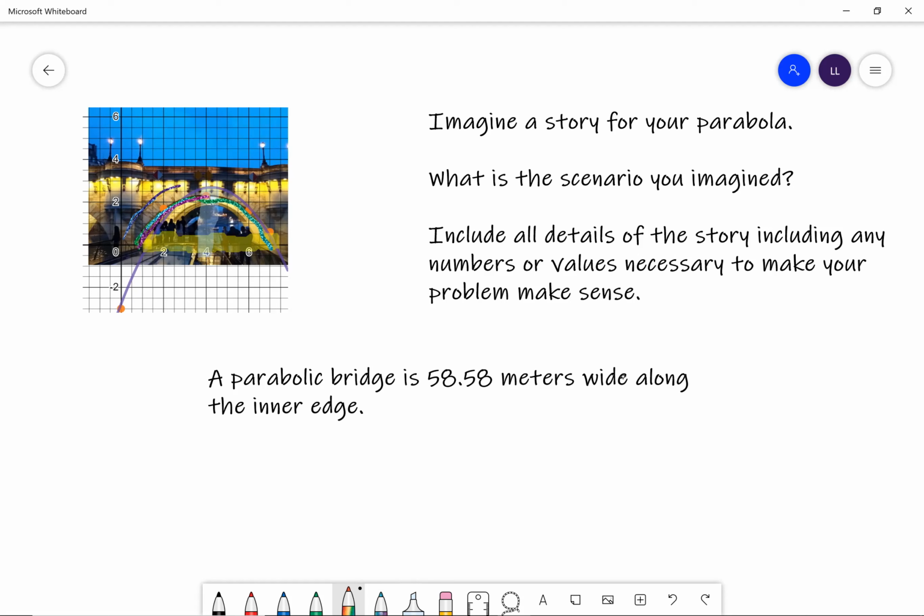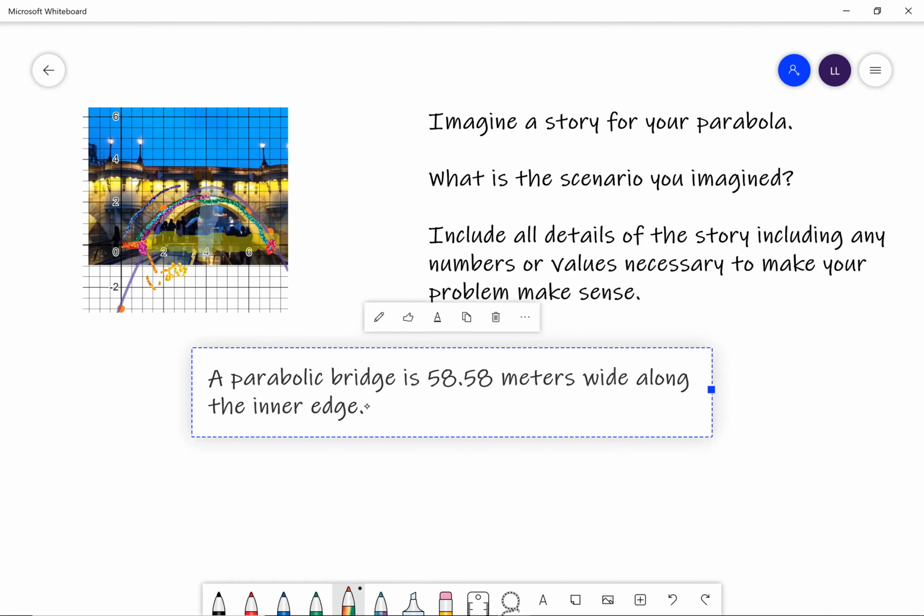Also, if you look at my x-intercepts, which is right here and right here, you will see that there's a distance between here and the outer edge. Well, that will make more sense, being that my x-intercept is 1.273. And we'll talk about what that means in a little while. Okay? So that's why I'm saying along the inner edge.